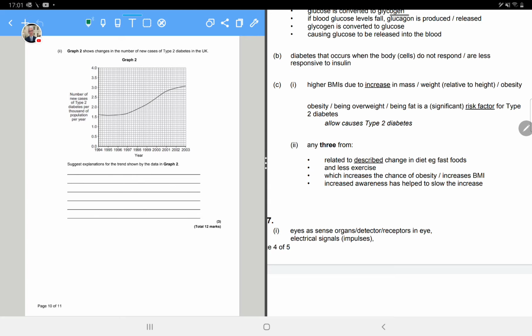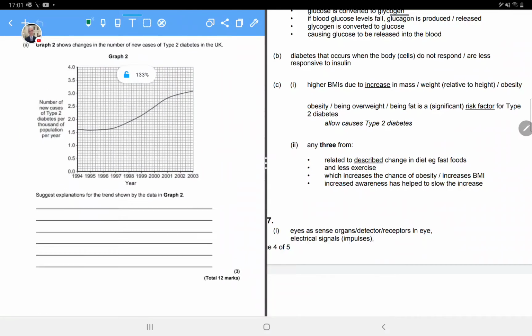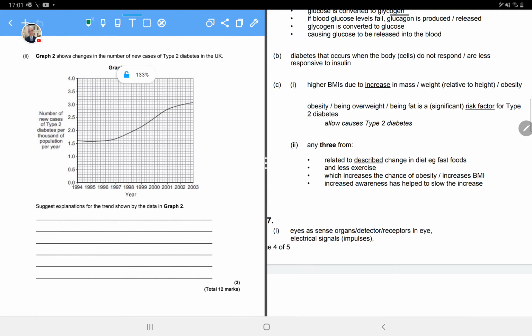Graph 2 shows the changes in the number of new cases of type 2 diabetes in the UK. So you can see here it started fairly level, and then it started going up in about 1996/7. And it's slightly tailed off from about 2001. If that was a describe question, we would be outlining those with figures about how that's changed.